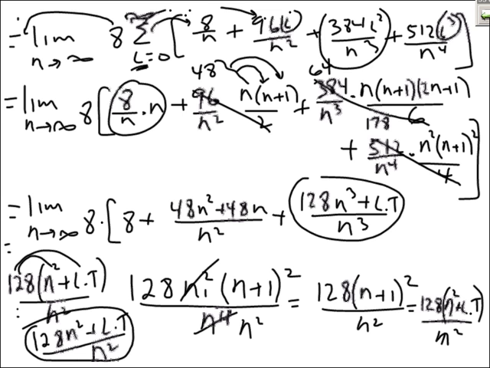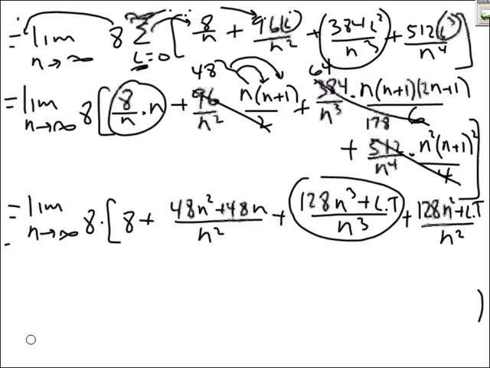And then as n goes to infinity, that's going to go to 128. So you have plus... let me just see what happened. Oh, okay. So coincidentally, we get 128 again. N squared plus lower terms over n squared. Okay, maybe we need 1 or 2 more lines.